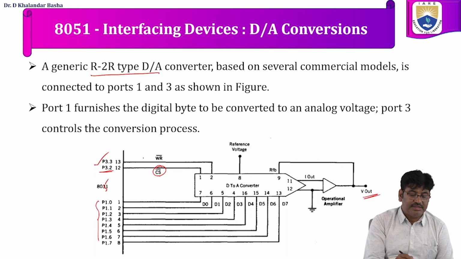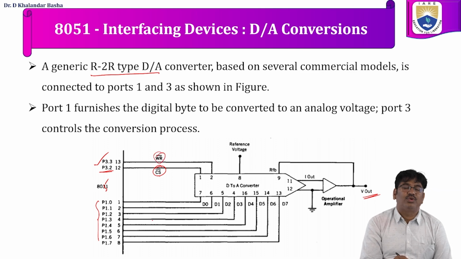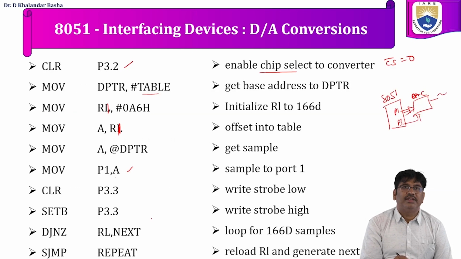Here the write signal is connected to P3.3 and it is an active low signal, so we make it low using the instruction CLR P3.3. Once the write signal is given, immediately we make it inactive by writing SETB P3.3. So whenever we pass the digital equivalent, we make the write signal active and then disable it.